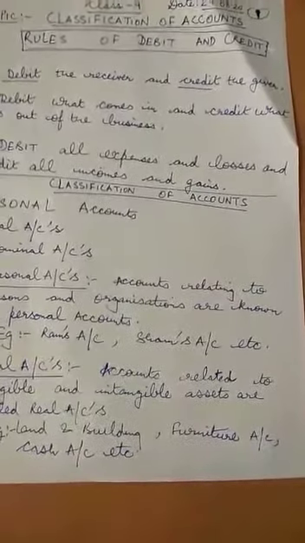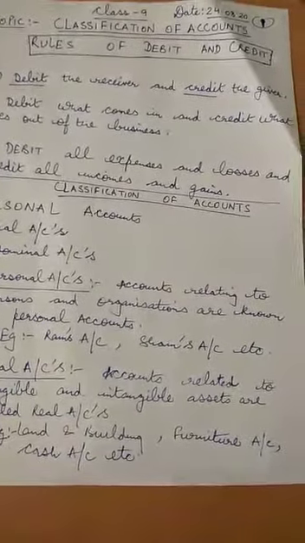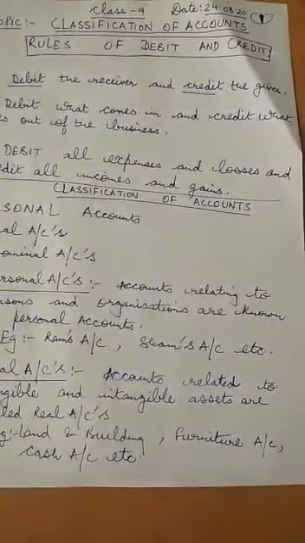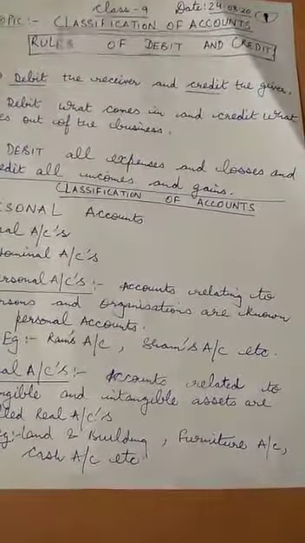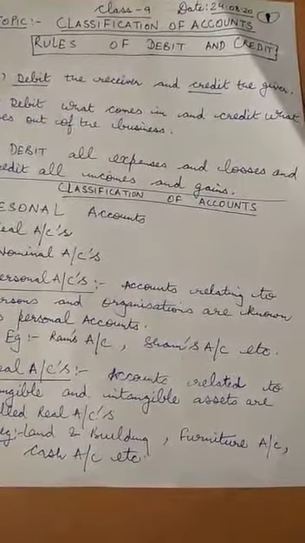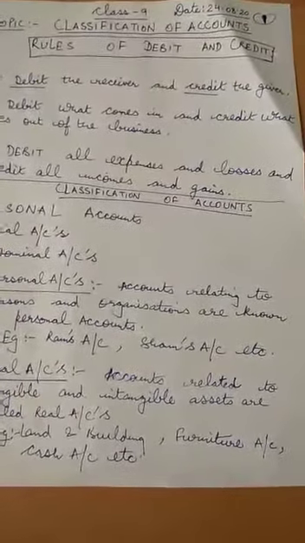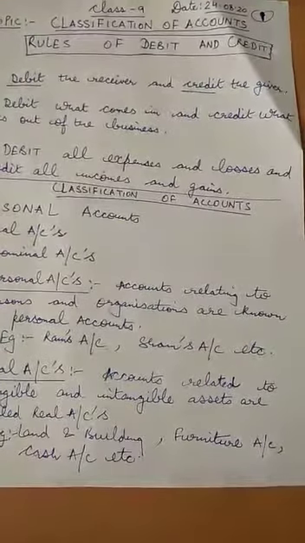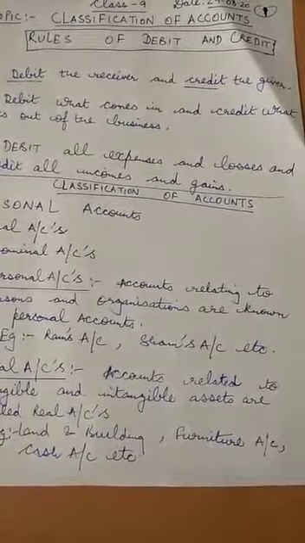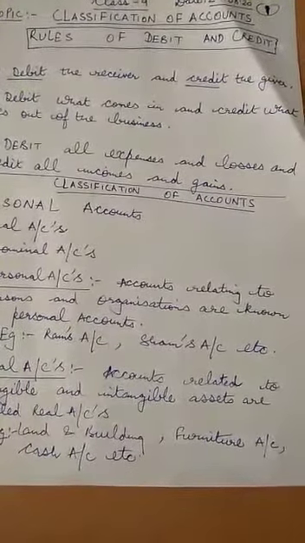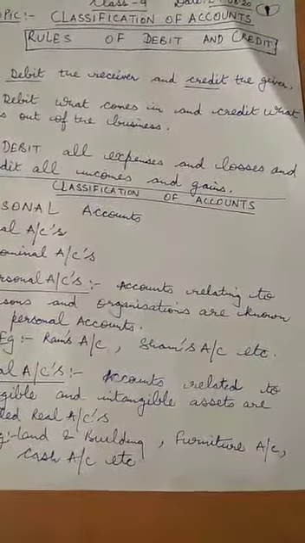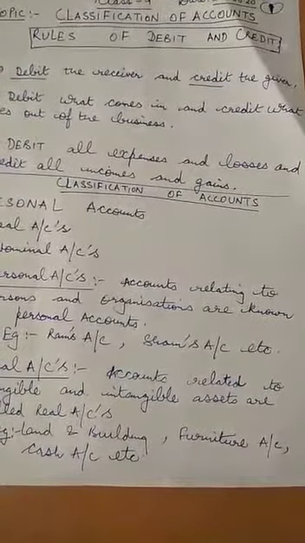Now, when we talk about representative accounts, children, it includes both the natural and artificial person, that is all the persons' accounts as well as the companies' accounts. So we can say, children, to summarize, the accounts which are related to persons and organizations are known as personal accounts.